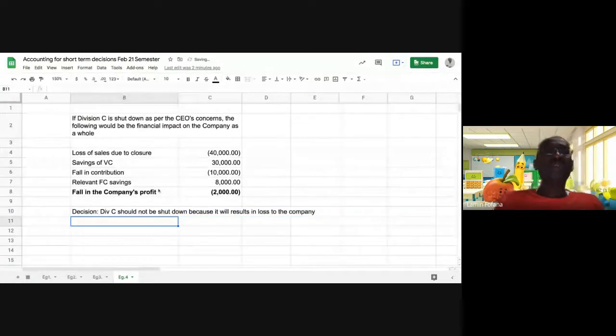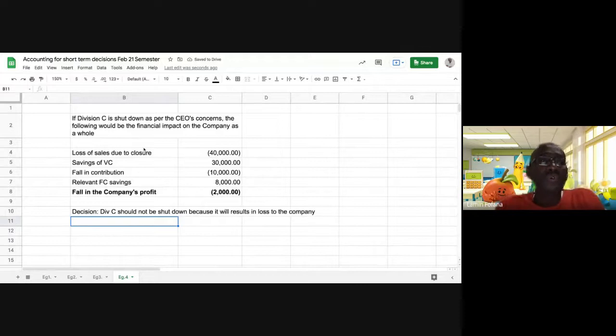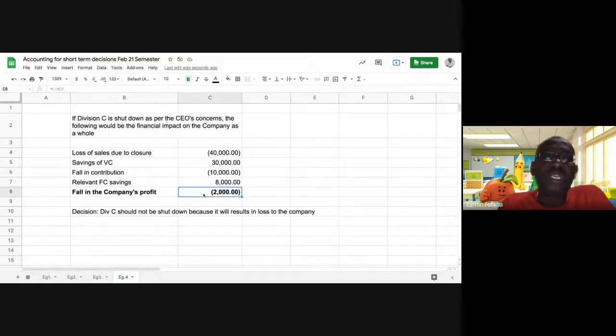Okay, so this is the situation. So we should not shut down division C, because overall, if we shut down division C, we are going to lose 2,000. Okay.